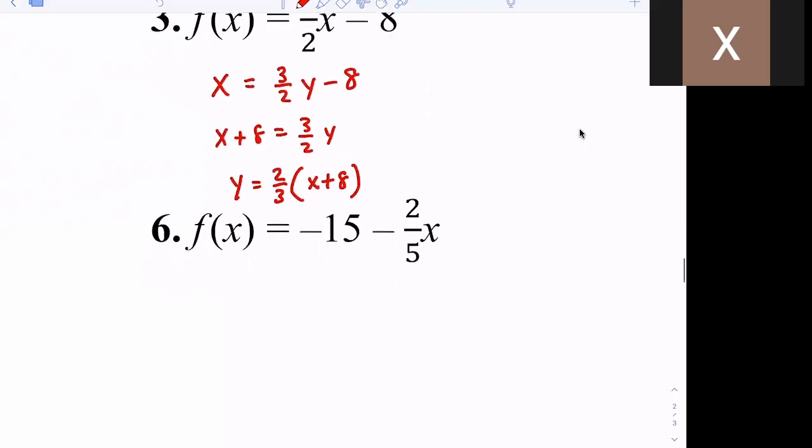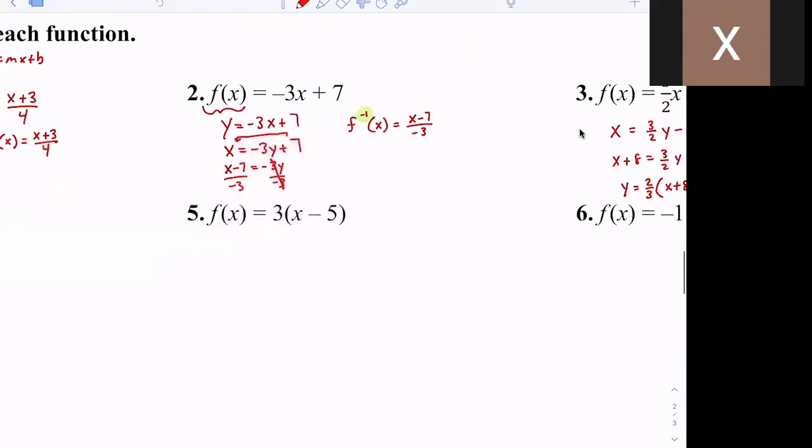Now we're going to write it as f inverse of x is equal to 2/3 times x plus 8. All right, that's it. Simple, simple, simple.